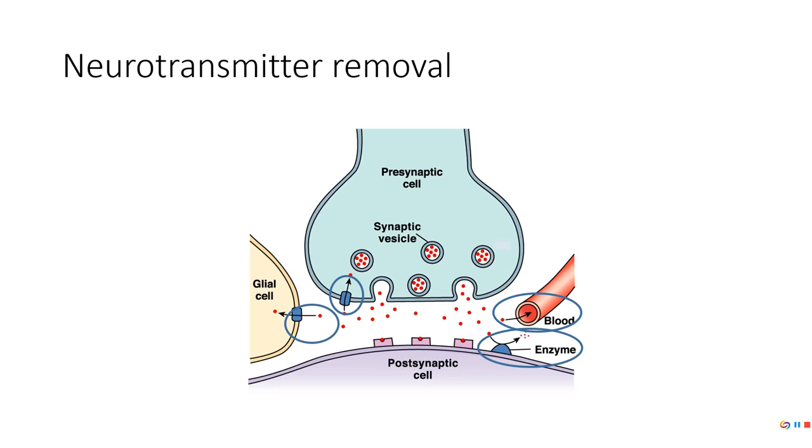Okay, and this is important, like I said, because it prevents a constant signal from being sent. Now, there are times where we want that to happen, and we're going to talk about how that does happen later. But no matter the signal, no matter the strength, eventually you're going to want that neurotransmitter to go away. And so these are 4 ways that can happen.